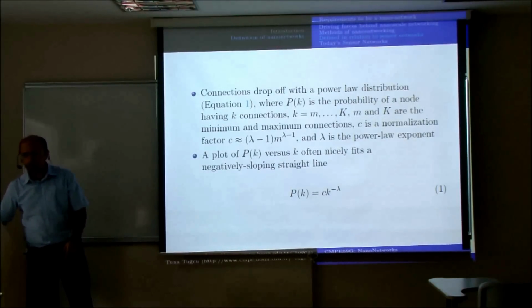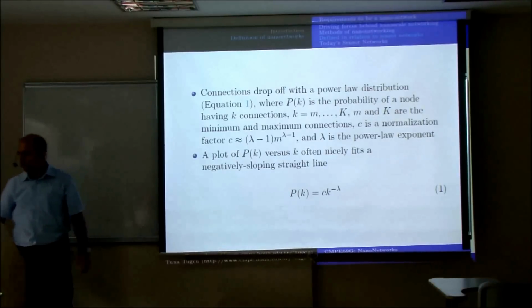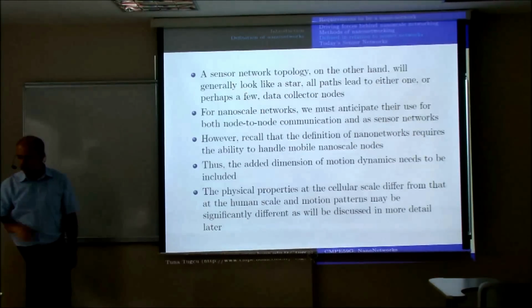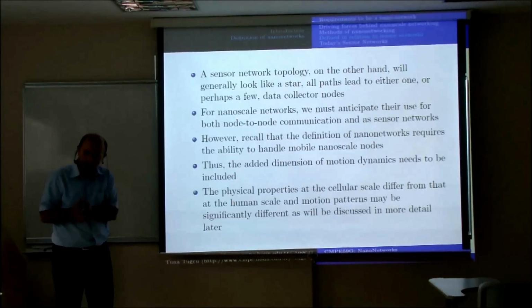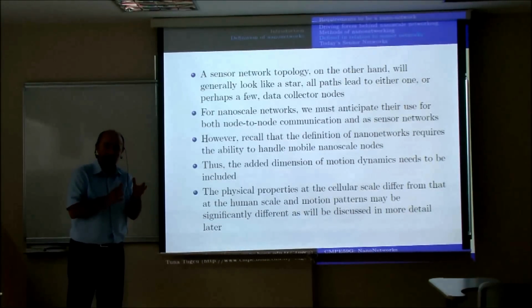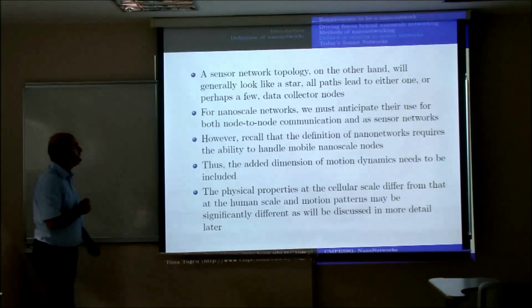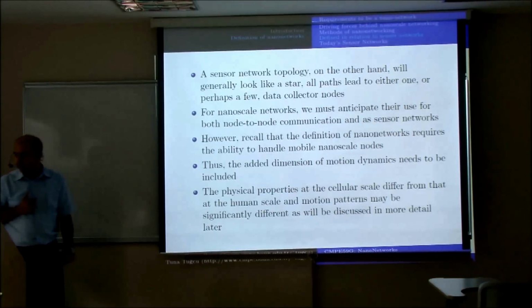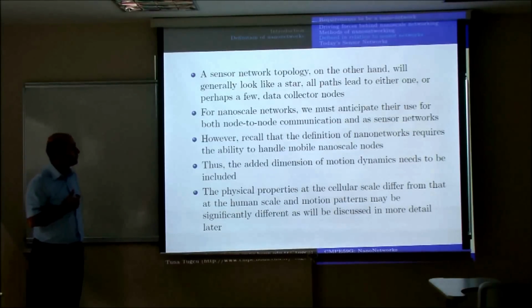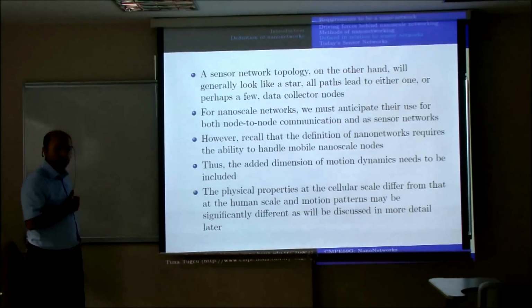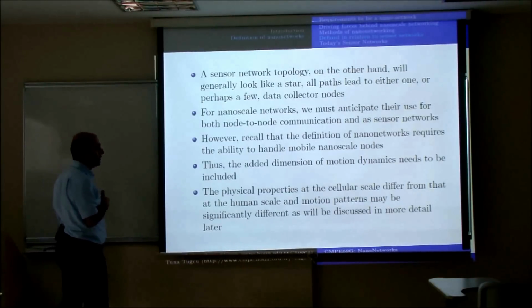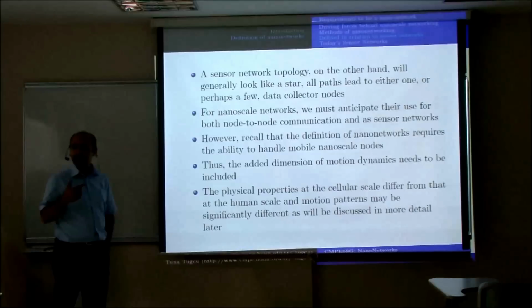This means the number of nodes with a large number of connections is much lower compared to the number of nodes having a small number of connections. However, when you consider sensor networks, they typically look like a star topology, and all paths lead to that same node or nodes.